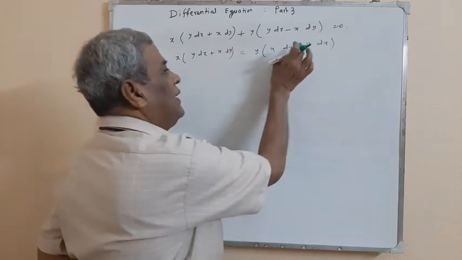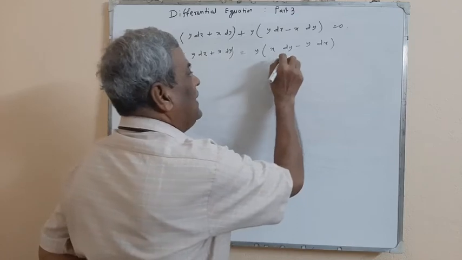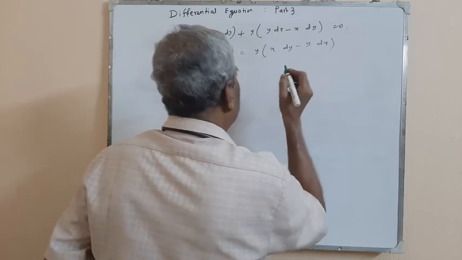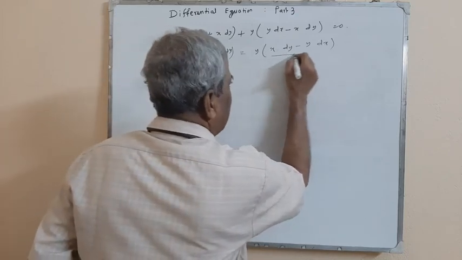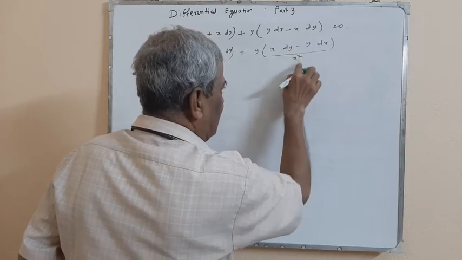Now this will be a perfect differential if I can divide it by x square. So divide it by x square, it will be d of y by x.